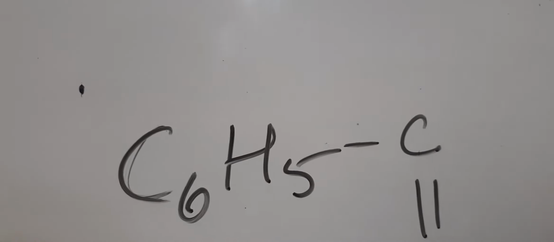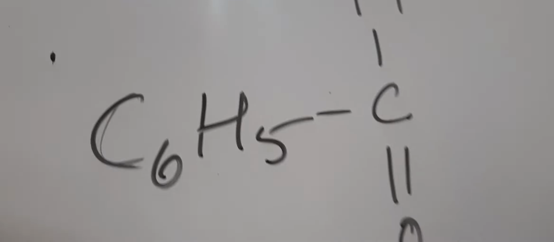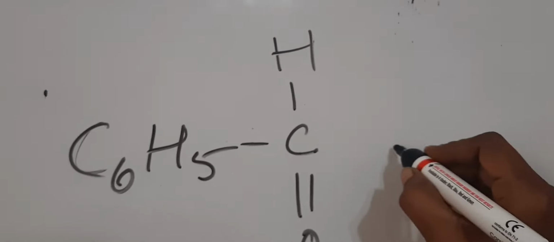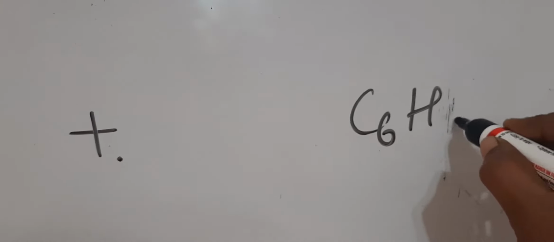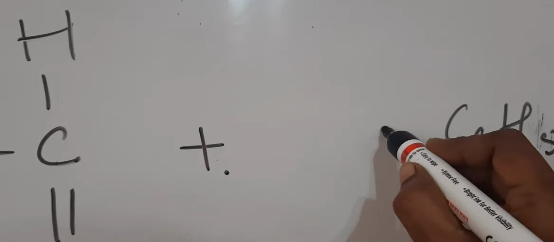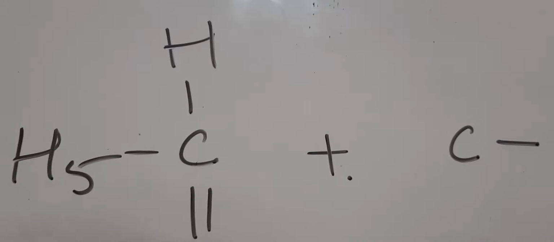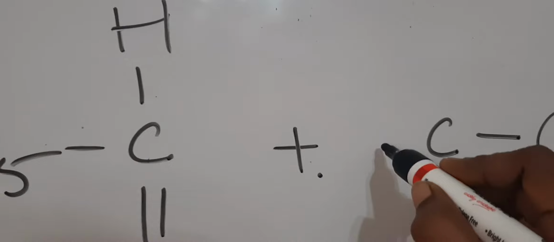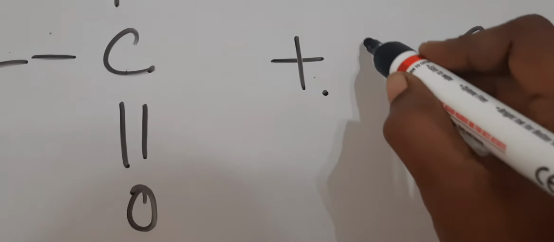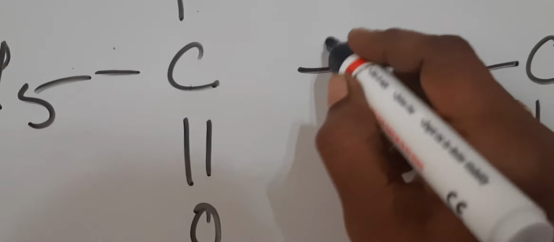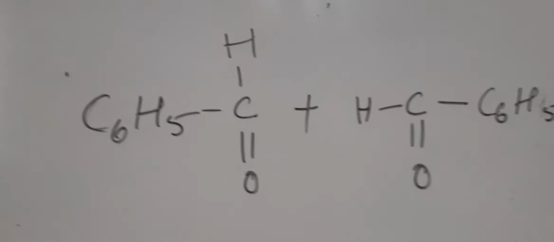Let me write benzaldehyde here: C6H5, C=O, H. Let me put another benzaldehyde, C6H5, C=O, H. In two different ways I have written.